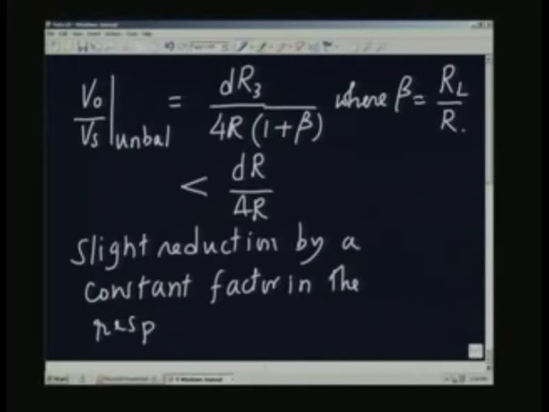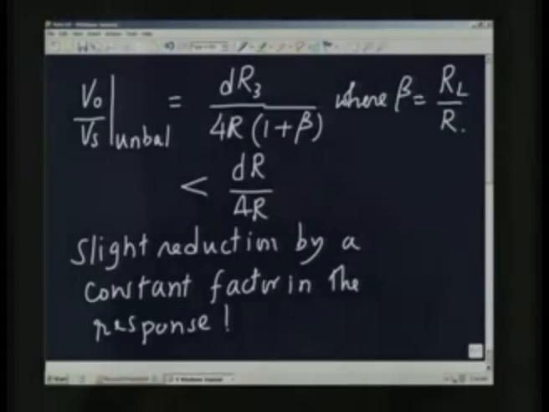So, a constant factor is not a problem. If there is a constant factor, it is not a problem. If it varies only, we have to worry. That means that there is a degradation in the performance of the circuit, because the output is slightly smaller than earlier, but it is independent of the size of the change in the resistance, and therefore, independent of the size of the strain, and that is what is desirable.